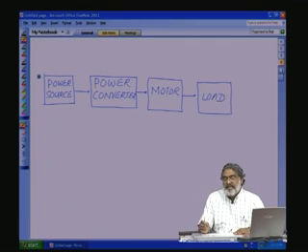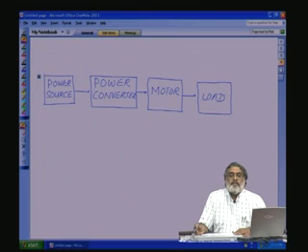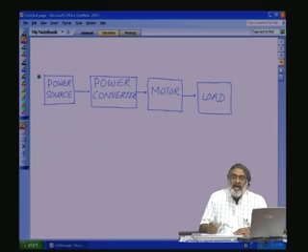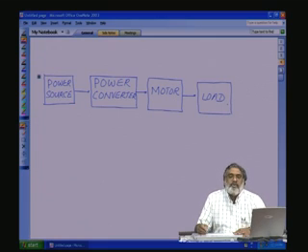This is the basic open loop block schematic of an electric drive. You have the power source, the power converter will convert to the required level and give to the motor. The motor will give the required speed and torque to the load.